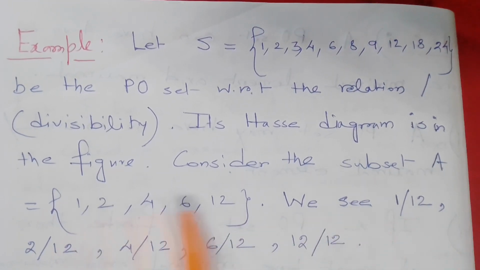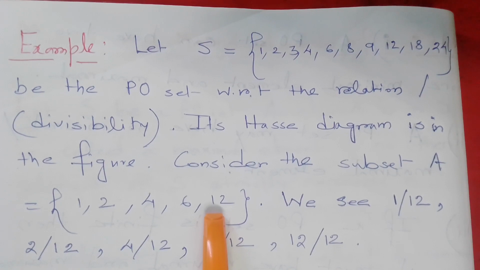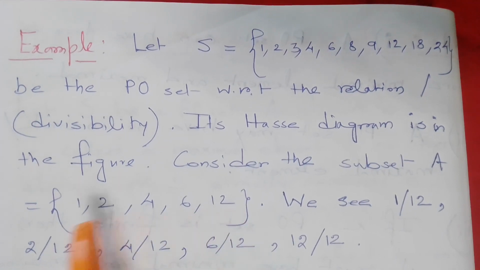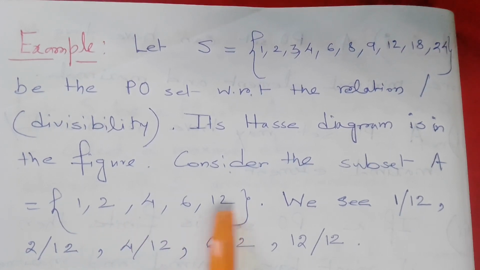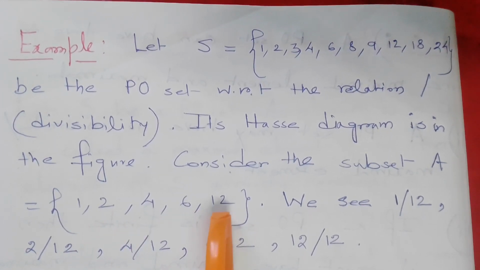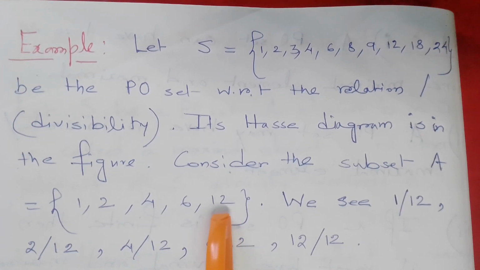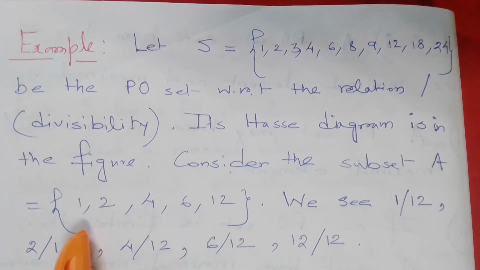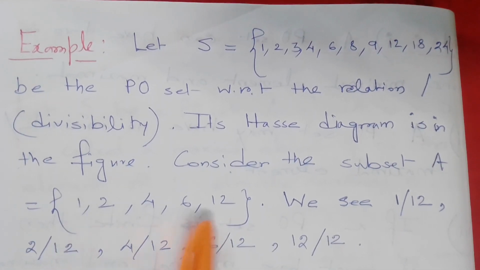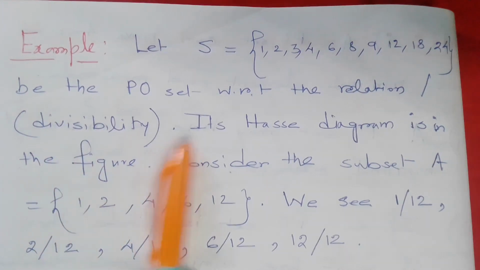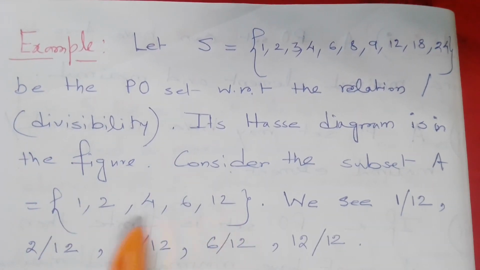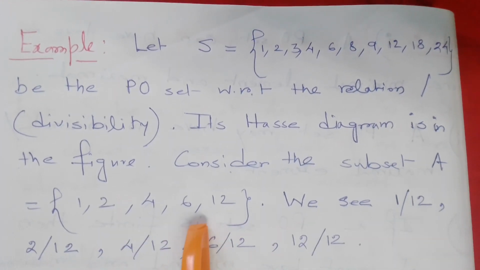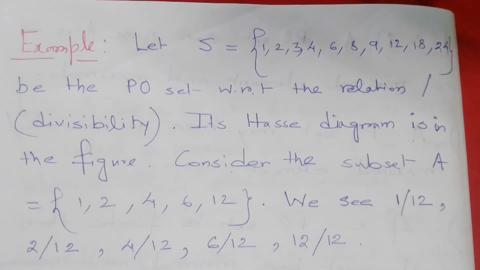We can observe that here 12 is the greatest element, because 1 divides 12, 2 divides 12, 4 divides 12, 6 divides 12, and 12 itself divides 12. So 12 is the greatest element, because all other elements of the set divide it with respect to the divisibility relation. And here 12 is also the maximal element of this POSET.